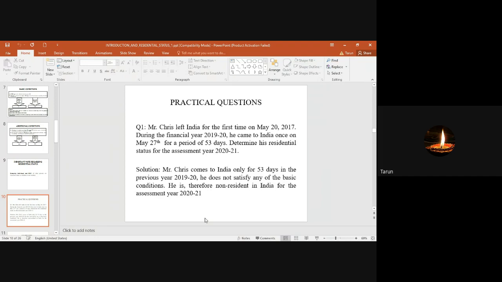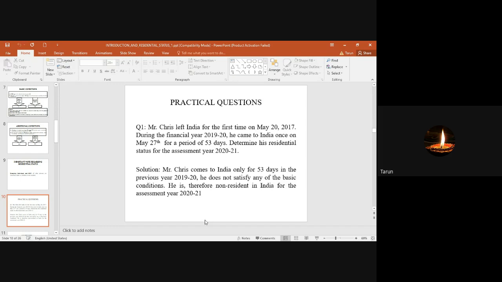It means in 2019-20, Mr. Krish resided in India for 53 days. Determine his residential status for the assessment year 2020-21.